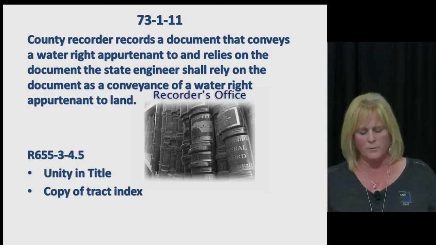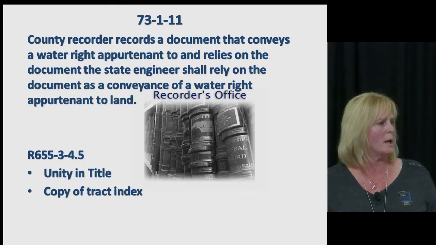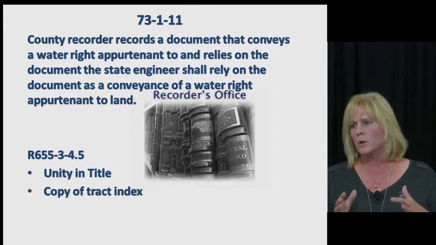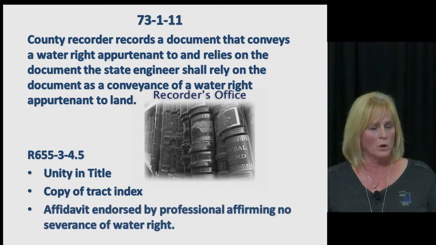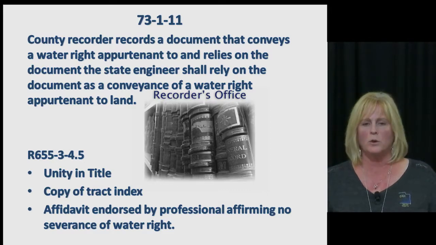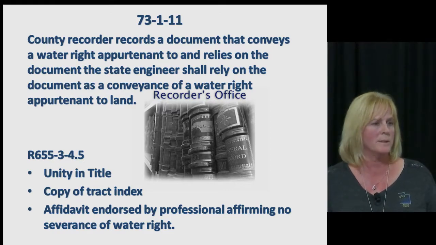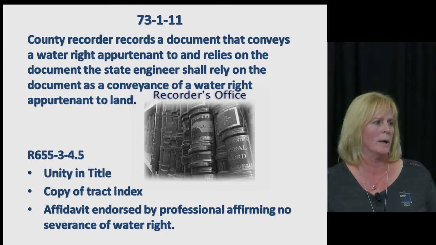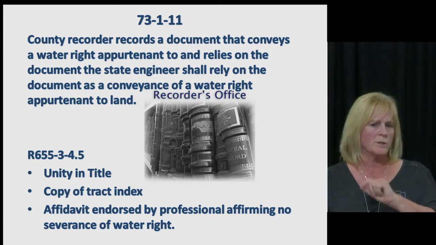There's different names for it. But this shows a true chain of title to each tract or parcel of land from the county recorder's office. It's a summary of the transactions. And or an affidavit endorsed by the professional affirming that the water right has not been severed from the land but remains appurtenant to the water right. Okay, so these are the rules to use that statute.